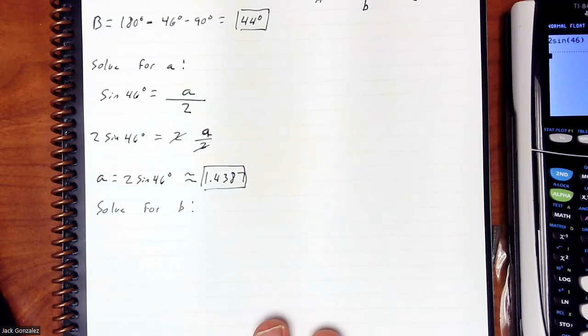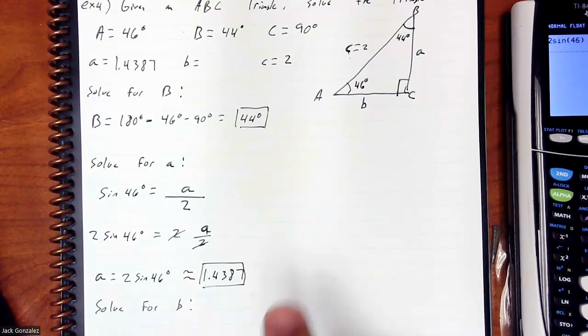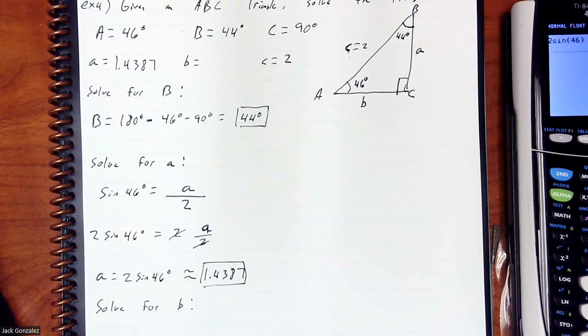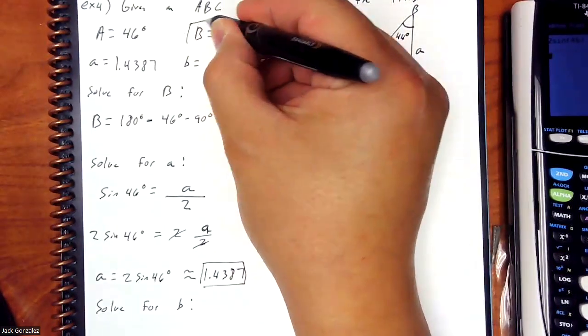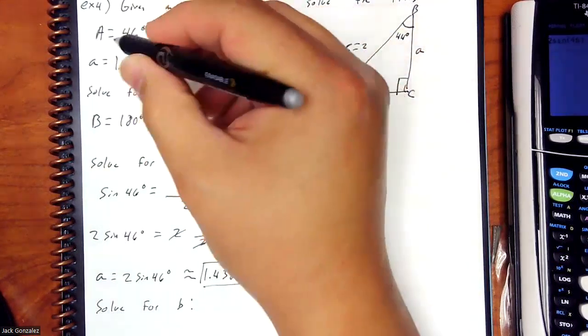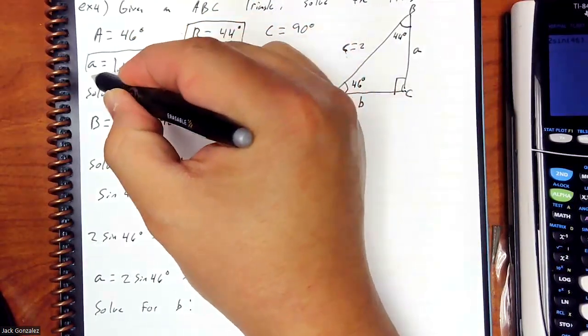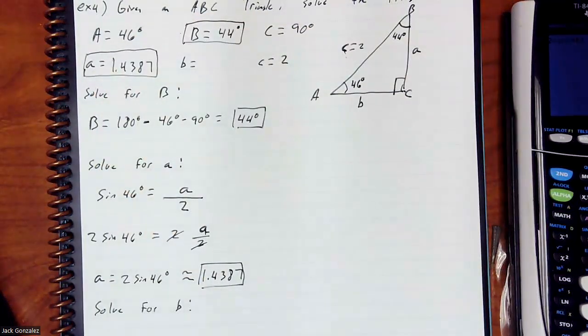So what trig function should we choose to isolate little b? What do you think? Cosine of which angle? So we choose 46, we'll have b over 2, right?